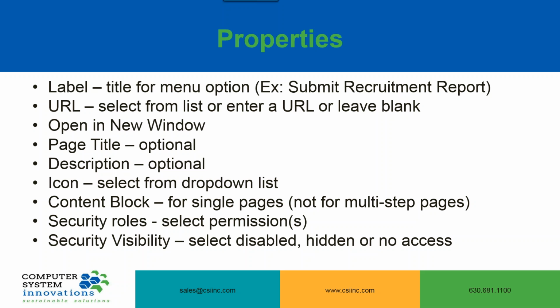These can be very helpful when you want to have a menu option not show for all users. Even though they won't have access, they may be curious of what the menu option is for and may be discouraged if they get a no access message when they click on the item. Disabled allows you to disable a menu item without deleting it in case it's maybe just for temporary reasons.